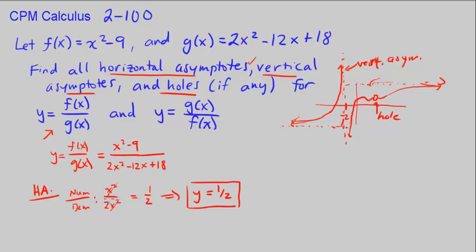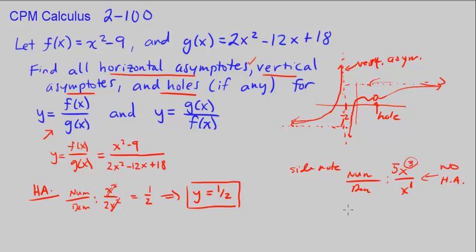This is only true if the powers are equal to each other. Remember, just a side note, if for example our numerator over denominator had x cubed over x, as our biggest powers, let's say this is 5 and this is, I don't know, whatever it is, it could be 1, then there is no horizontal asymptote, because the power in the numerator is bigger than the power in the denominator.